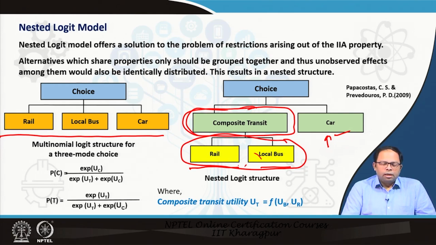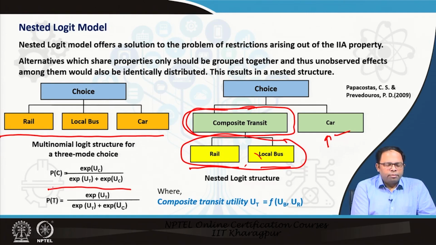So, over here we can see that in a nested logit structure, the MNL model assumes this form, where probability of car is exponential e to the power utility of car divided by e to the power utility of transit plus e to the power utility of car.